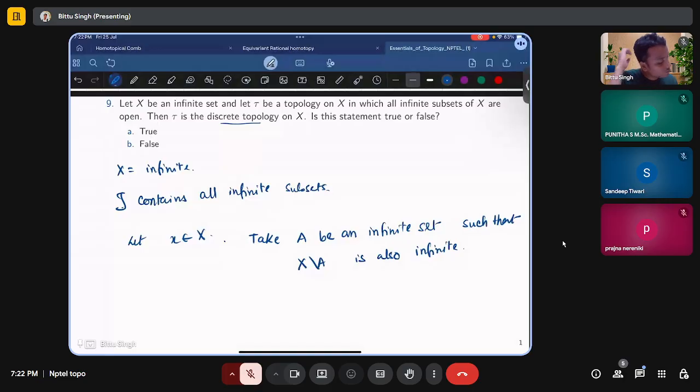Then we take B equal to X minus A, union the element x. Then what will be A intersection B?